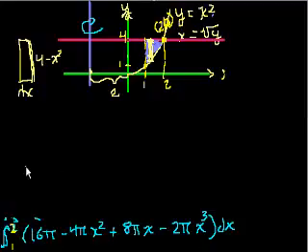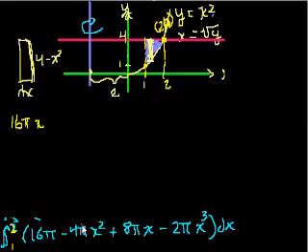So what's the antiderivative of this? The antiderivative of 16 pi is 16 pi x. And then what's the antiderivative of 4 pi x squared?